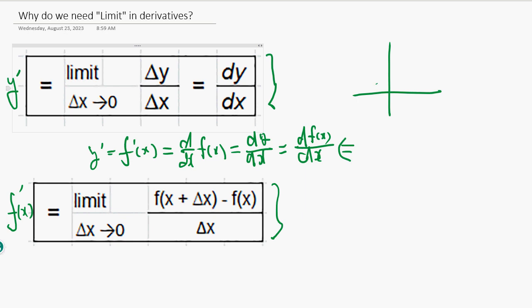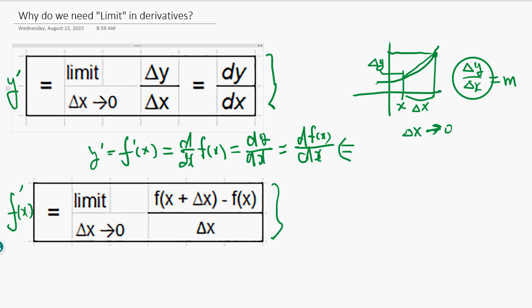Because when you have a curve, you take x and delta x, and this is delta y. So the average slope is delta y over delta x, right? And we make delta x small, very small. Then this is slope, right?